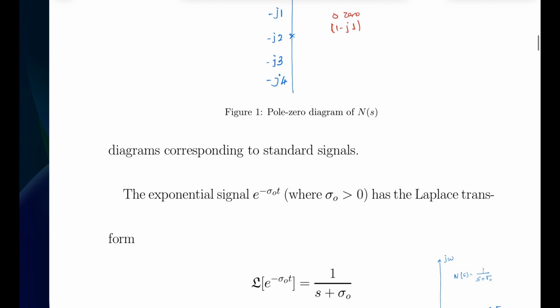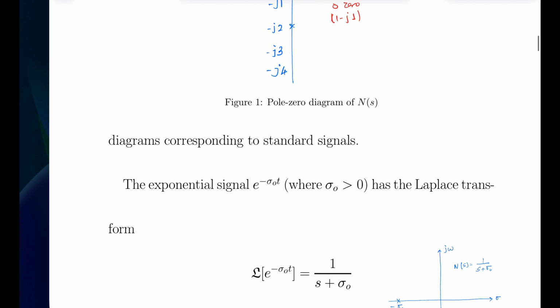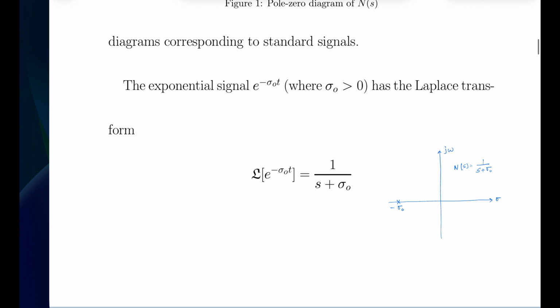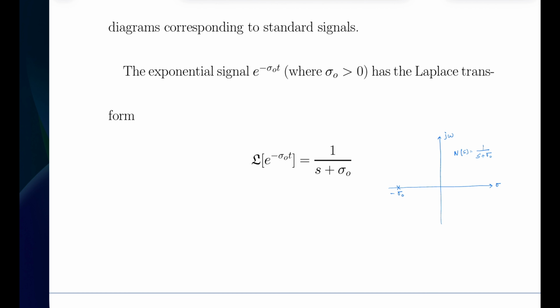Okay. Now consider the pole zero location for the standard signals. हमारा एक्सपोनेंशियल सिग्नल है एक्सपोनेंशियल माइनस सिग्मा नॉट टी, तो सिग्मा नॉट इज ग्रेटर देन 0. तो ये सिग्नल कैसा है? एक्सपोनेंशियली डिकेइंग है. जैसे टाइम बढ़ेगा ये फंक्शन जो है सो एक्सपोनेंशियली फॉल करेगा.